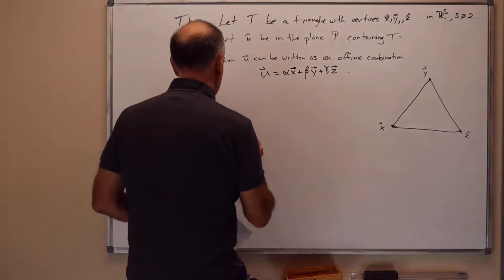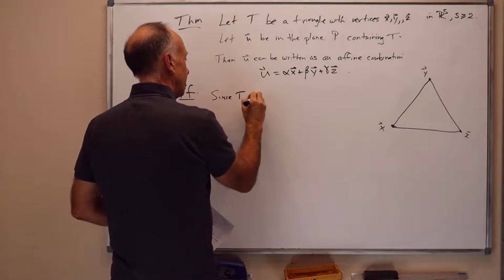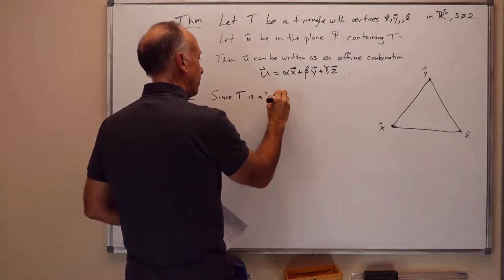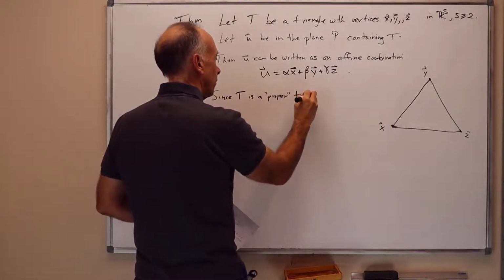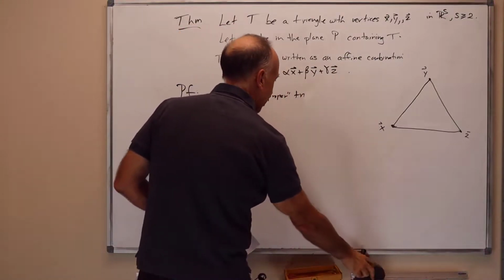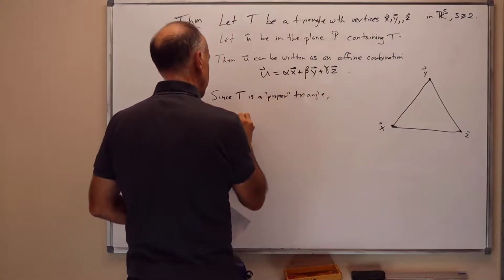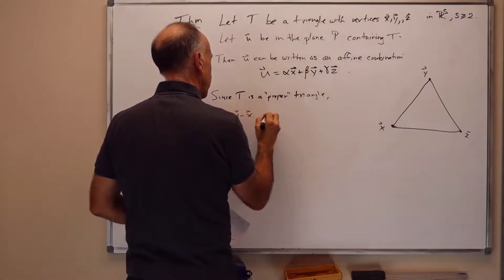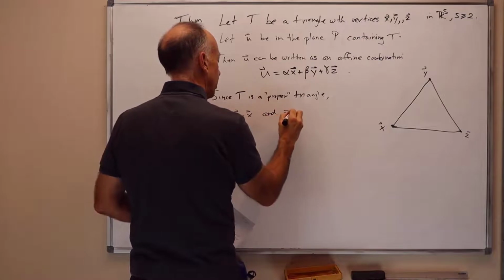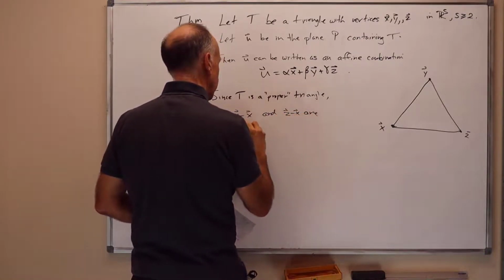And we're going to look at the vector, since T is a proper triangle. We know that the pairs of edges are not parallel to each other. In particular, what this means is y minus x and z minus x are linearly independent.